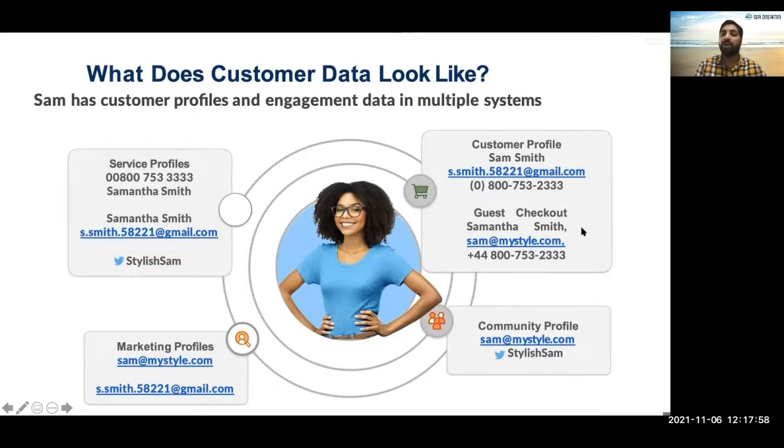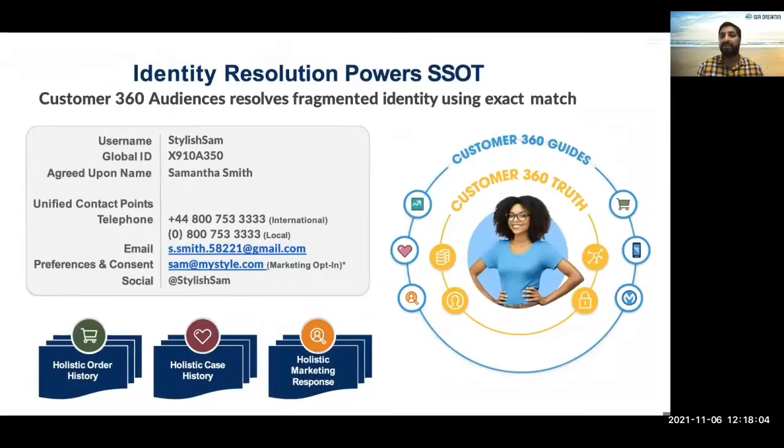You see all this data unifying and how, using multiple attributes, we were connecting. You see the power of a single source of truth, SSOT, helping to resolve the fragmented identity using the exact match that we designed. So we designed data matching rules, duplicate rules, reconciliations, and finally I got customer 360. A username, global ID, nothing but the party ID that I created, the unique ID that I created inside CDP, that can be leveraged to all the other touch points, to Marketing Cloud and other systems, to engage the customers in real time.